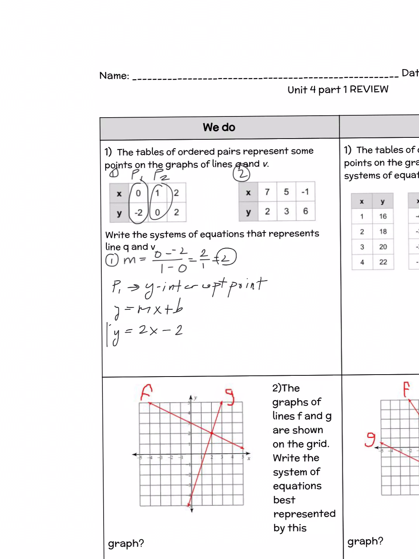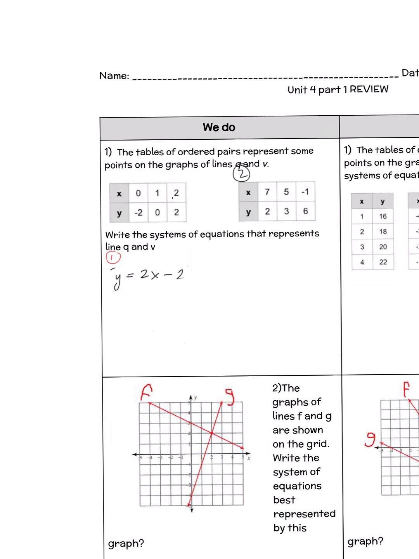And that is my equation. So P1 here, I'm going to remember that I'm going to use this as my y-intercept. So this comes down over here, and then this 2 comes down here. Okay, that's what I have there for table 1.